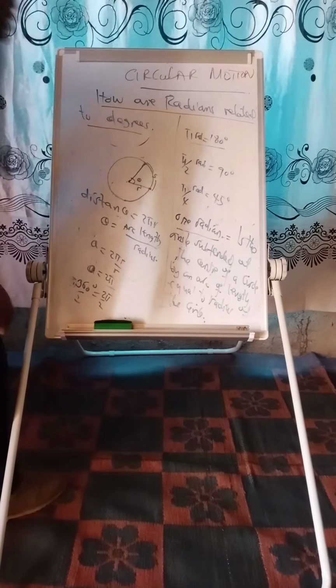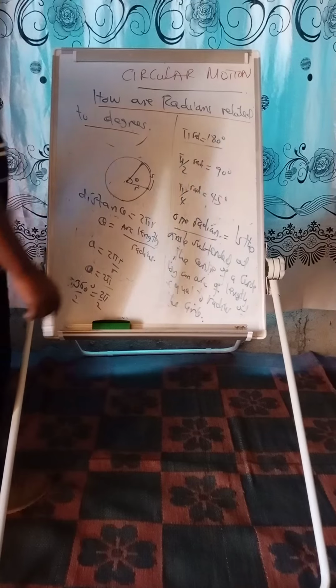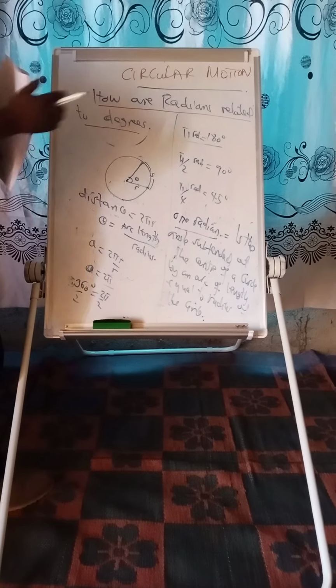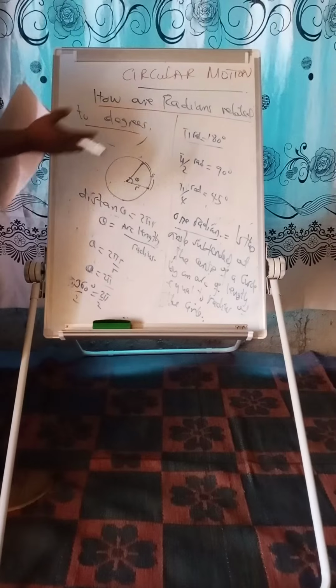So if the arc length and the radius of the circle are equal, we say that is 1 radian because it's just a ratio.